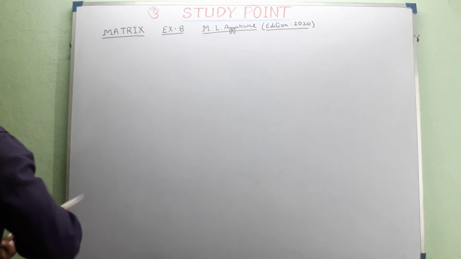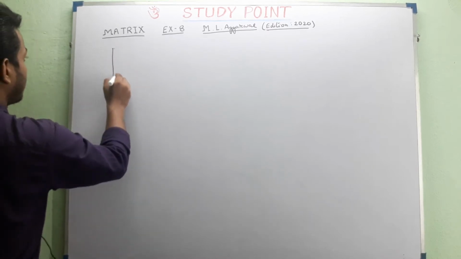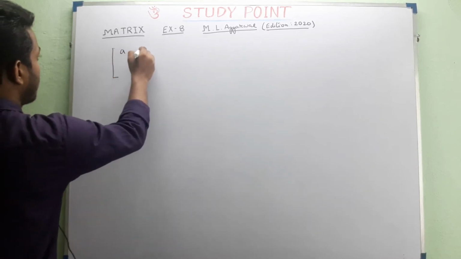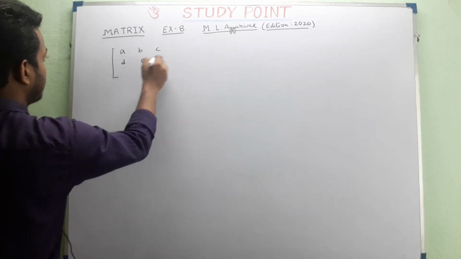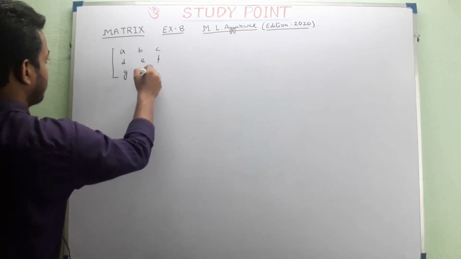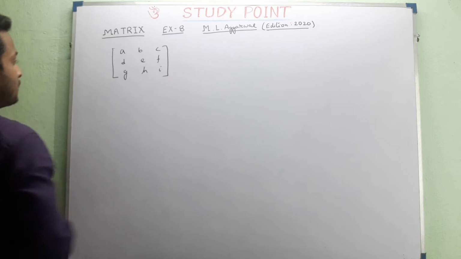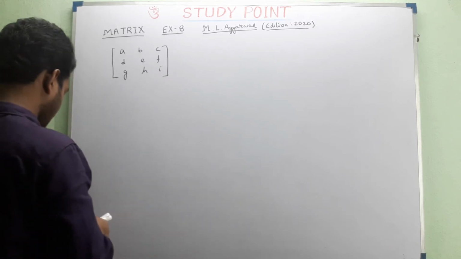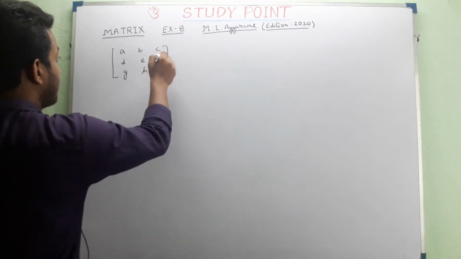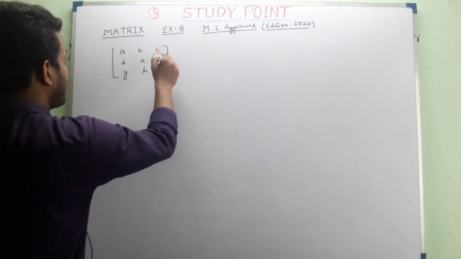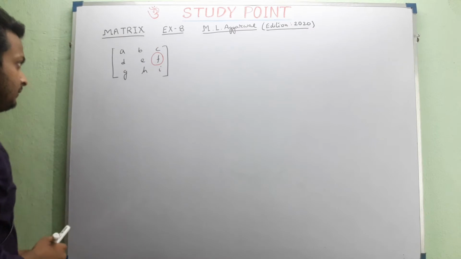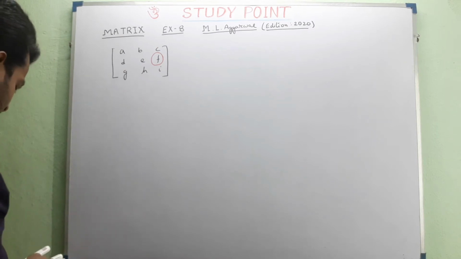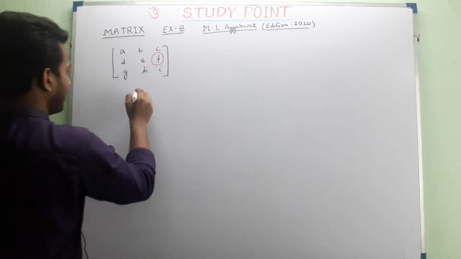Now, let's have a look at another thing. Suppose this is a square matrix of order 3 by 3, and if I want to write the particular position of this element, how can I write the position of this element?